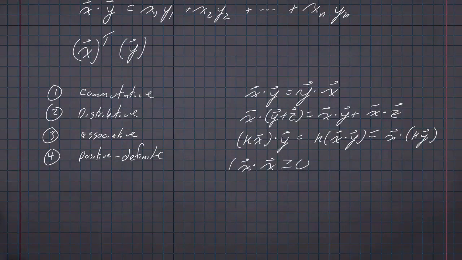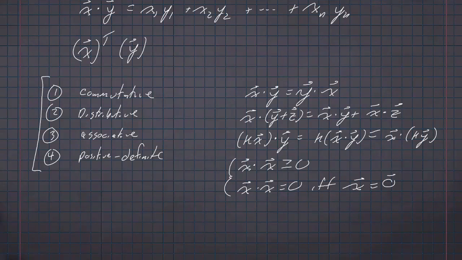And on top of that, the only way to get 0 itself out is to start with the 0 vector. These four properties are the definition of an inner product. The dot product satisfies these properties, but again, that is something we have to prove.